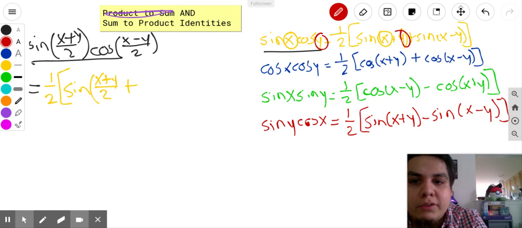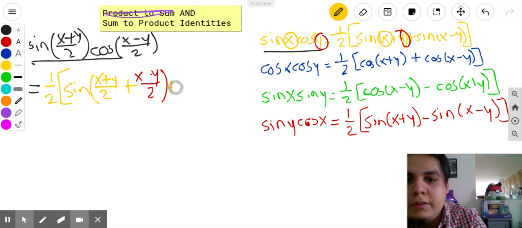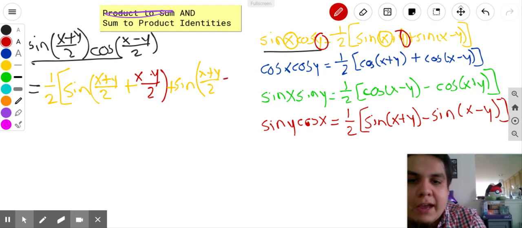So x plus y, whatever's inside the cosine, divide by 2, close it, plus sine of whatever was in the x minus whatever was in that y spot, whatever's inside the cosine.